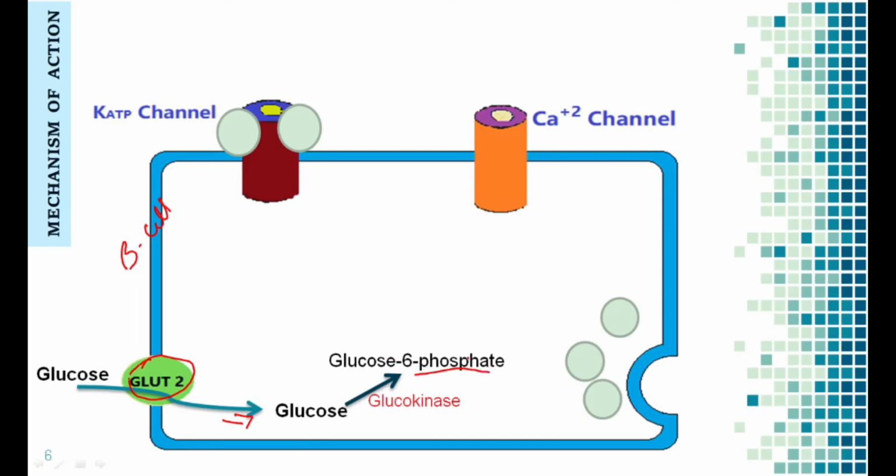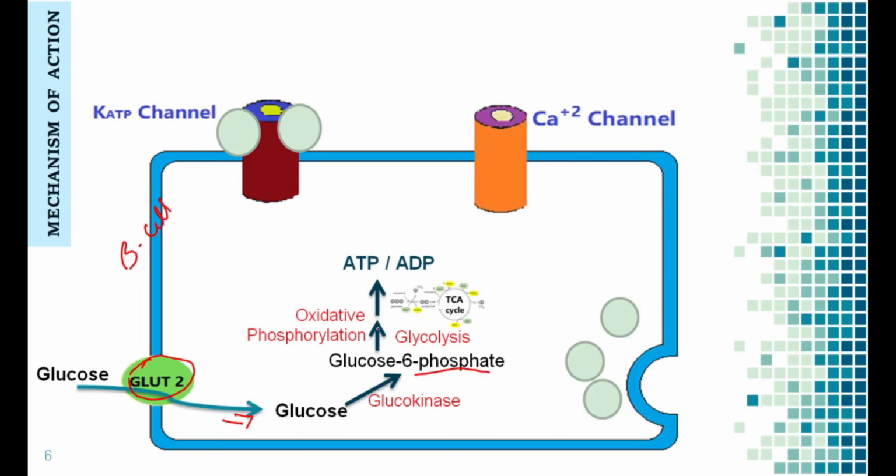Then through glycolysis, the TCA cycle and oxidative phosphorylation, it produces ATP. So there is an increase in the production of ATP, which means the ATP to ADP ratio is also increasing.